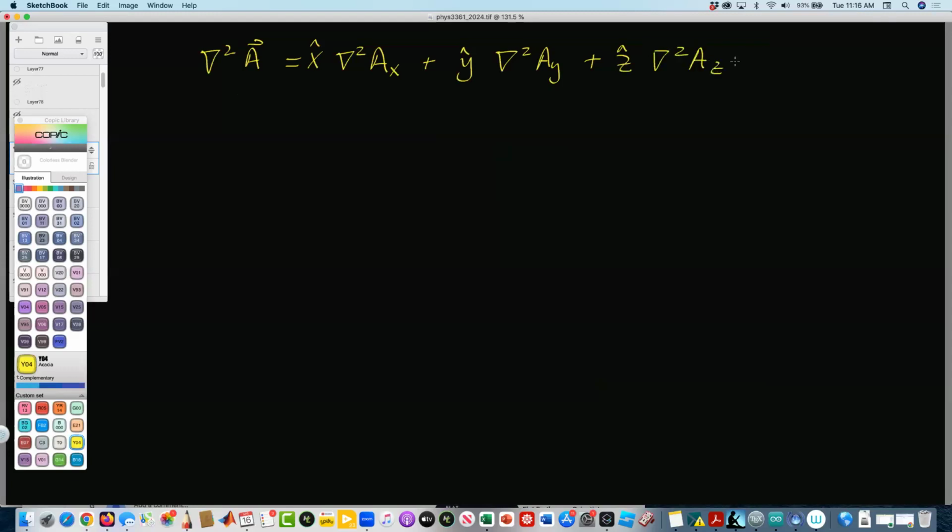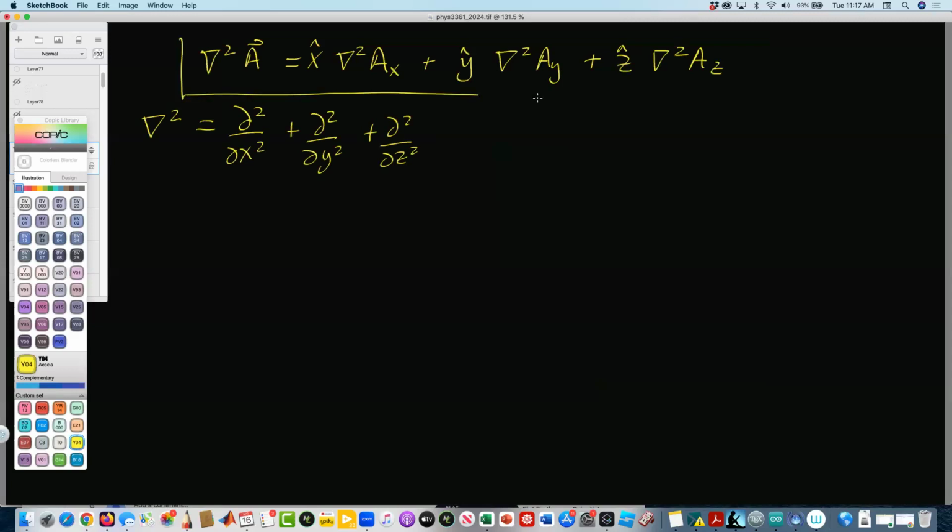A little weird, right? Remember what del squared is: it's a scalar differential operator that looks like second partial derivatives. But notice that what you get out of this is a vector.